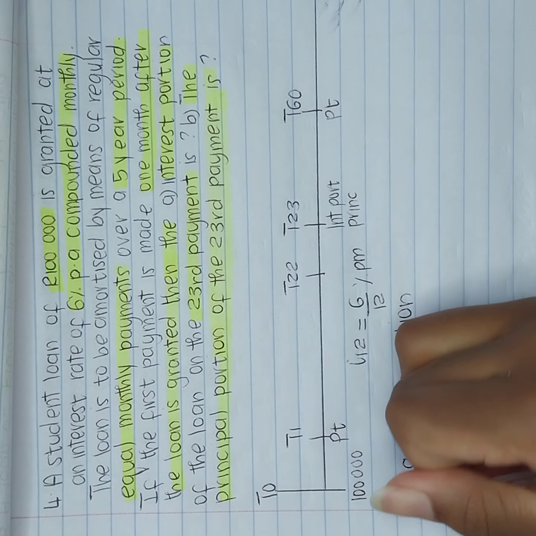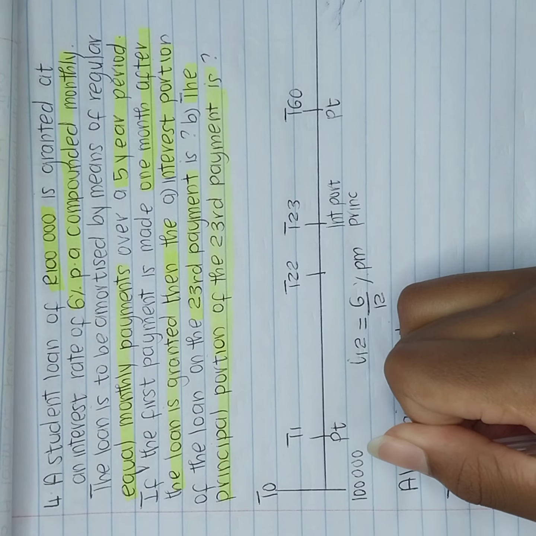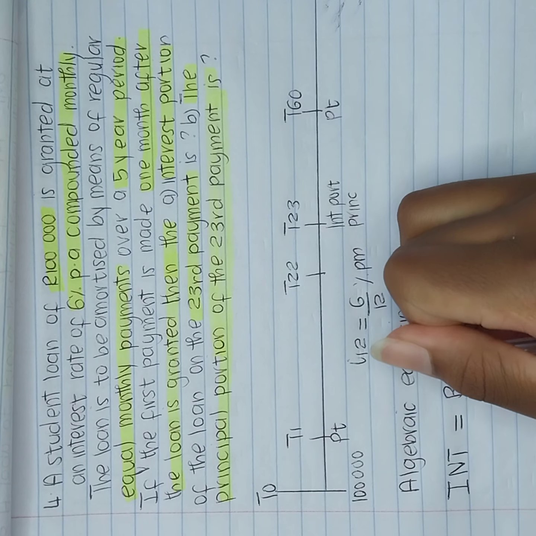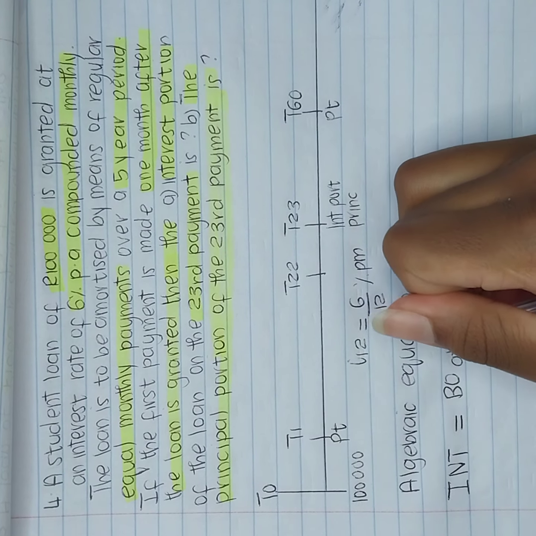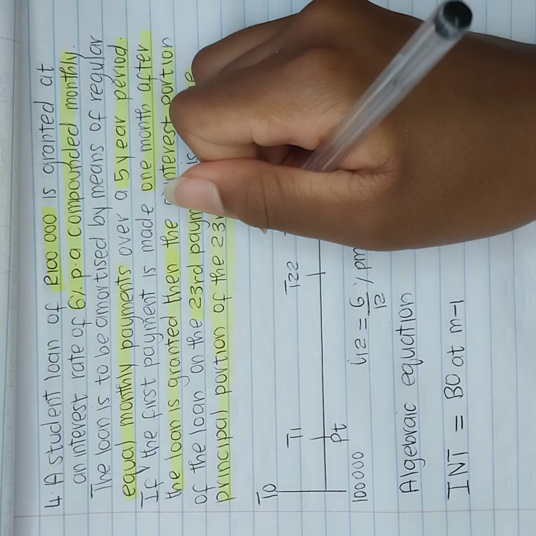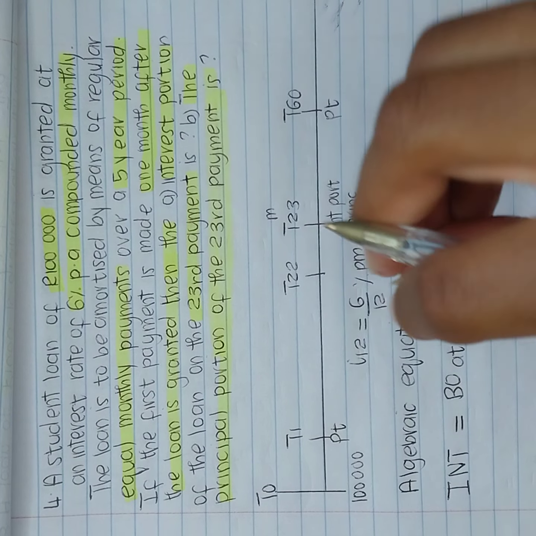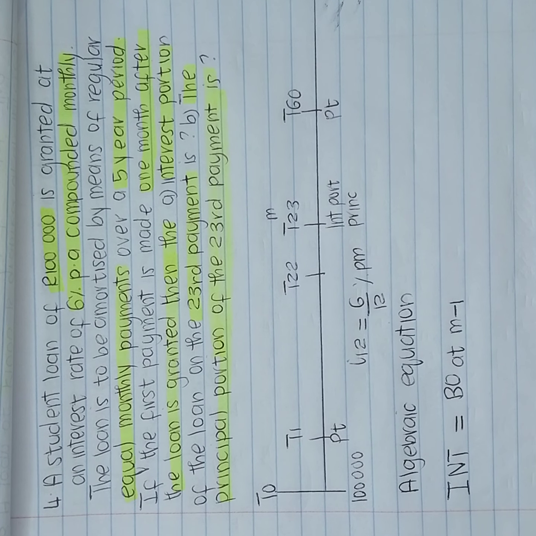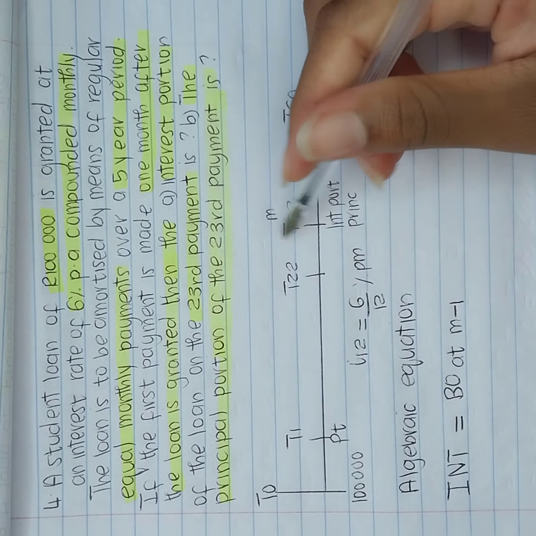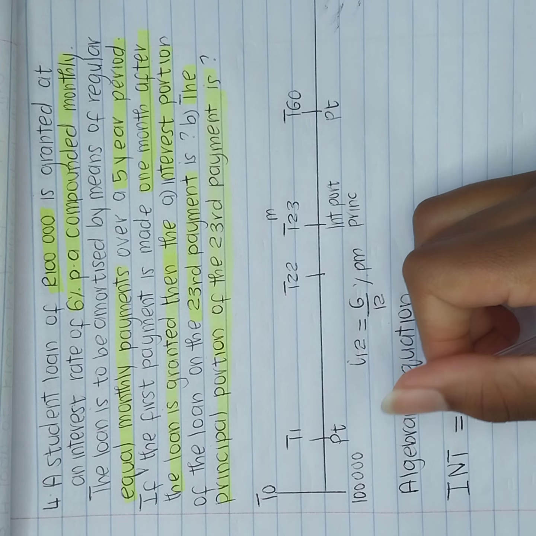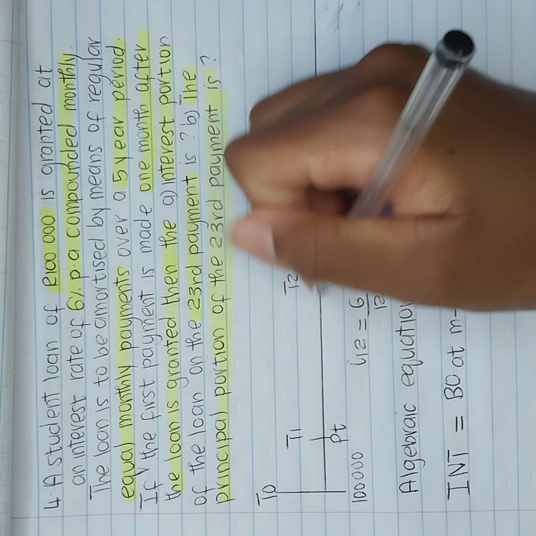So the interest portion of my loan is actually equal to the balance outstanding at M minus 1. So this is my M, the position at which I'm looking for the interest portion. Since I'm looking for the interest portion of the loan at T23, my M is 23, right? So you always look for the balance outstanding at the previous period.